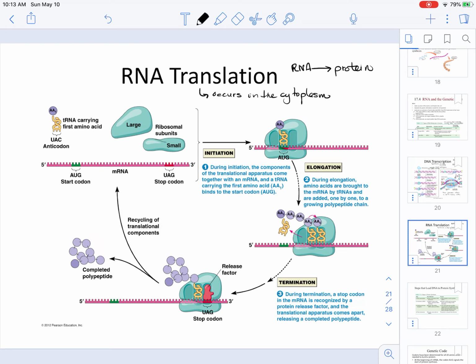So, whenever this happens, understand that the components to make this process occur are a tRNA molecule, which is what's going to be carrying the amino acids. We have the machinery, which is called a ribosome.